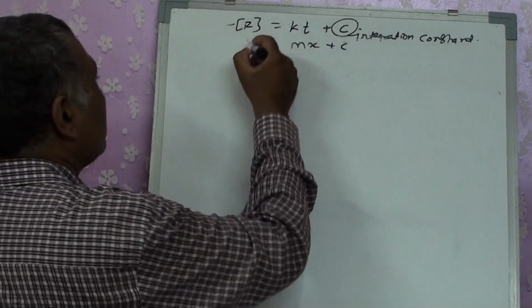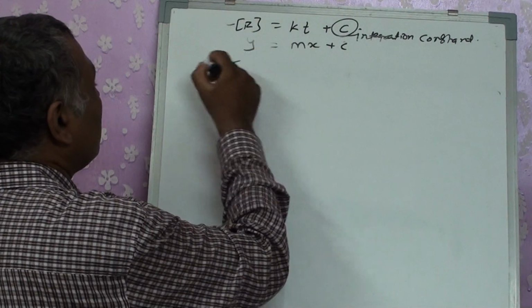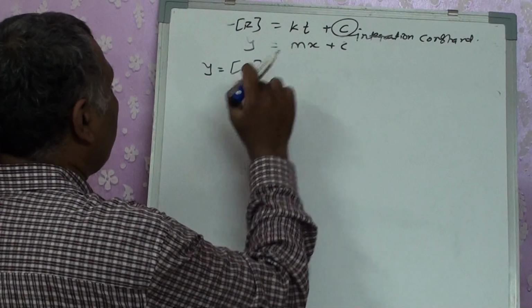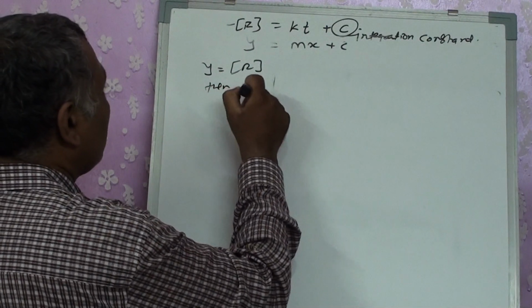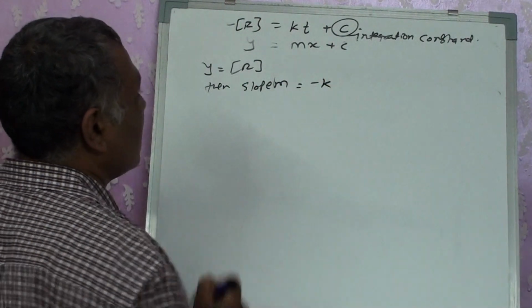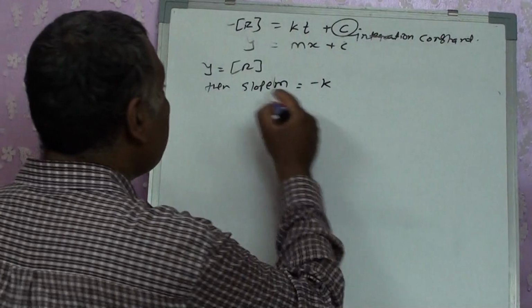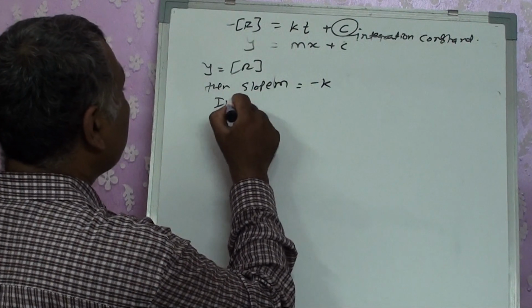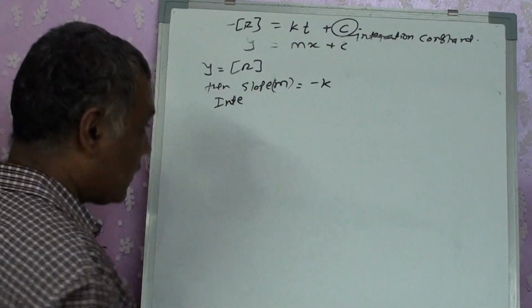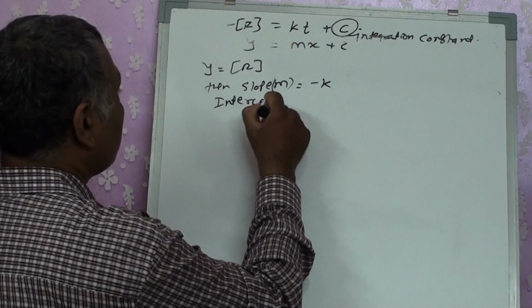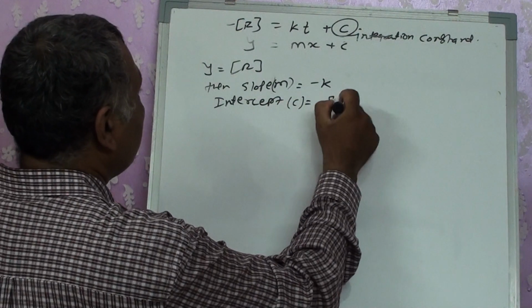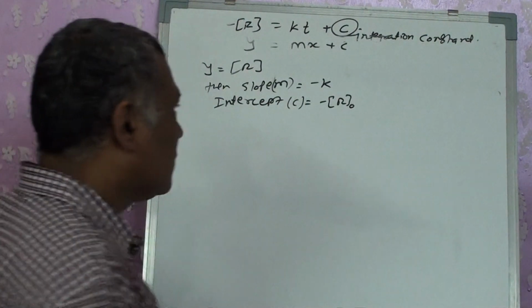What does it show? If I take y as R, then the slope m is equal to minus k, and c as an intercept, we get it as R naught.